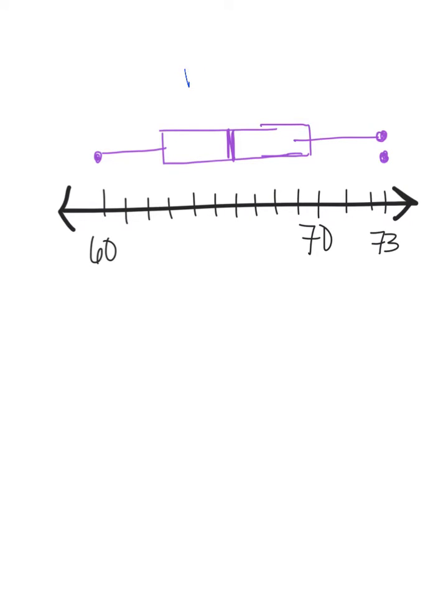So I'm going to write right here, median. By looking at this box and whisker, the median is going to be this line right here where it divides. So if we're counting, this number is, let's see, 61, 62, 63, 64, 65, 66. So the median, according to this, would be 66.